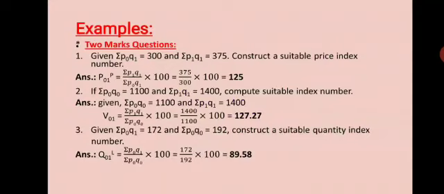Therefore Q01 of Laspeyres equals summation P0 Q1 divided by summation P0 Q0 into 100, which is equal to 172 divided by 192 into 100. Simplify further, then we will get the answer as 89.58. So these are some 2 marks questions.